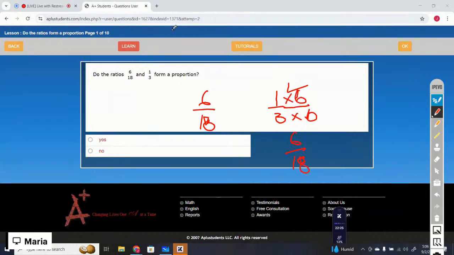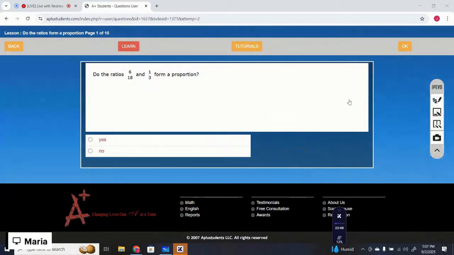So the fractions look exactly the same. So that means yes, they form a proportion. The correct option is yes, they form a proportion.